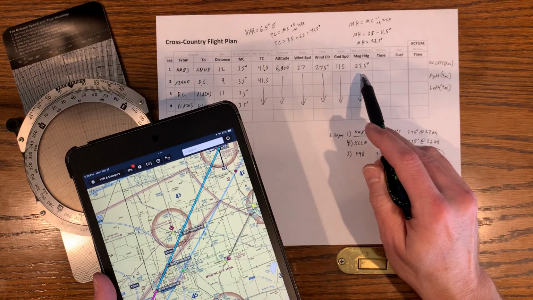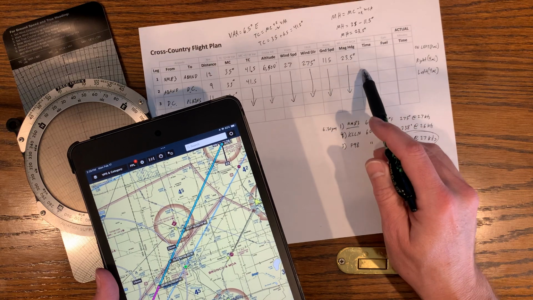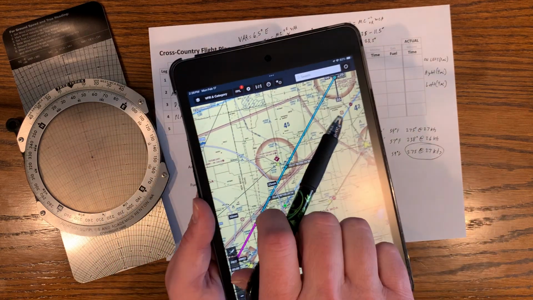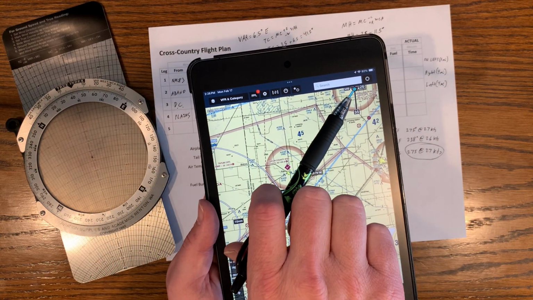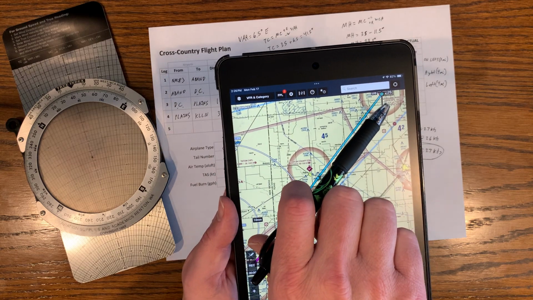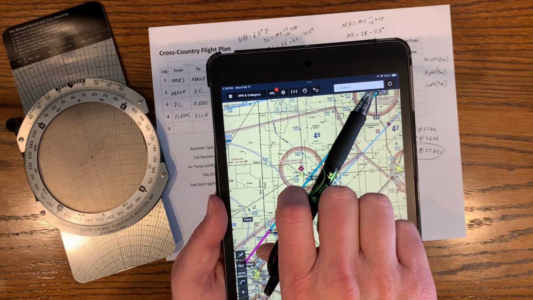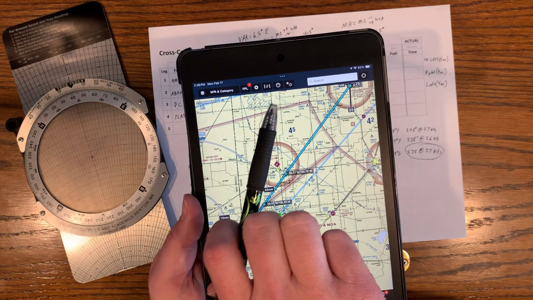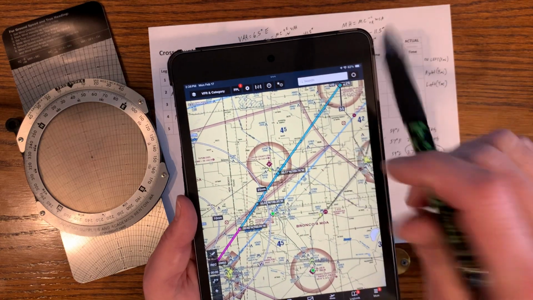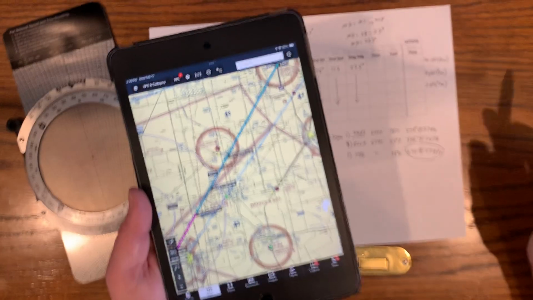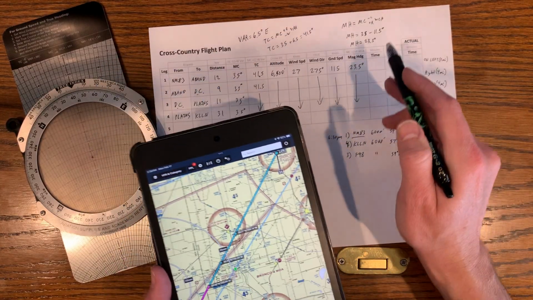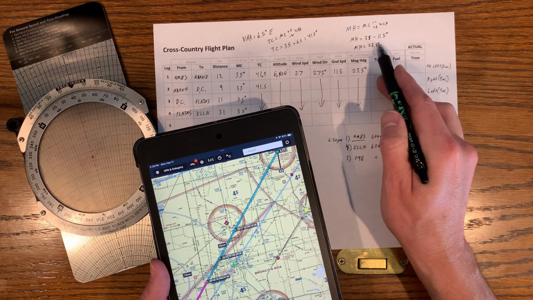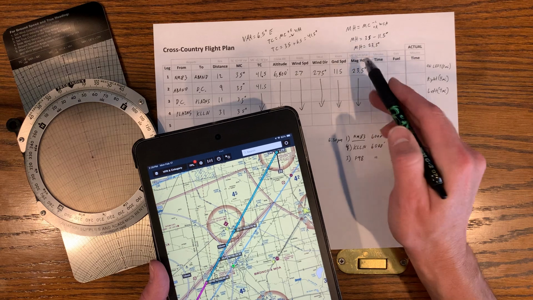So once we calculate the strength, our magnetic heading turns out to be, we don't need to be pointing our nose at 35 degrees. We need to be pointing our nose at 23.5 degrees, going the speed we're going, and we should be flying straight down that course without being blown off one way or the other. And this is literally magnetic heading.